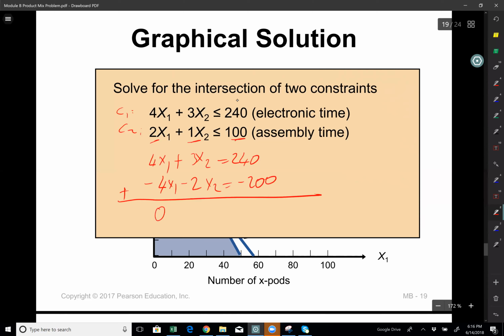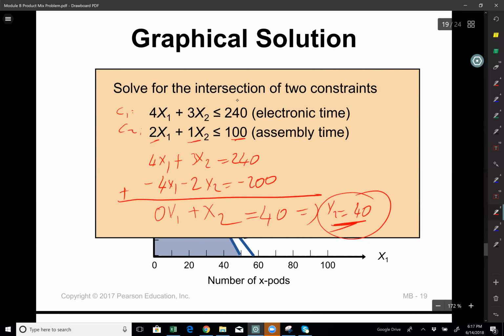So I have 0x1. 3x2 minus 2x2 will give me plus x2, 1x2. And 240 minus 200 will give me 40. So I know my value for x2 is 40 at that intersection point.